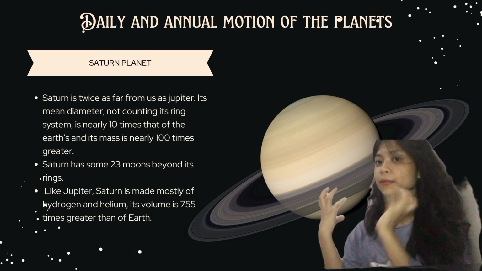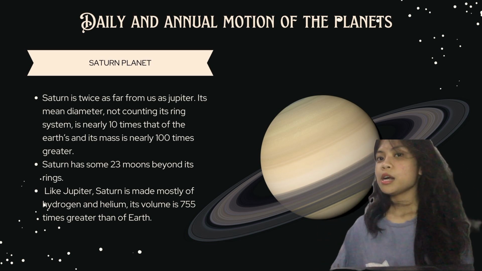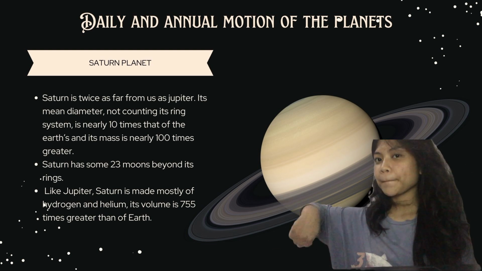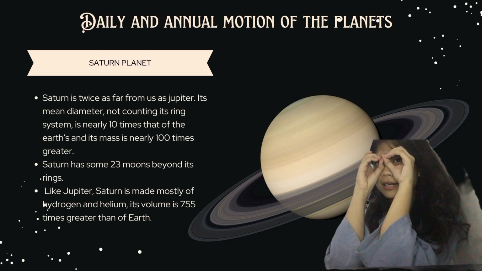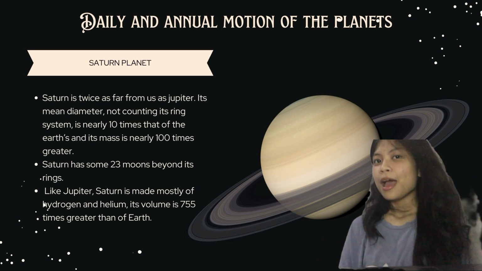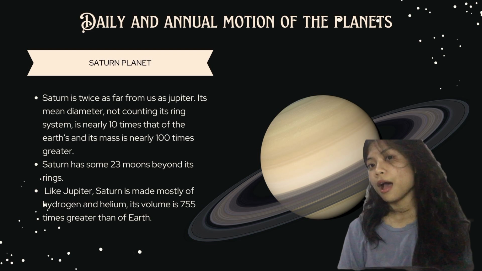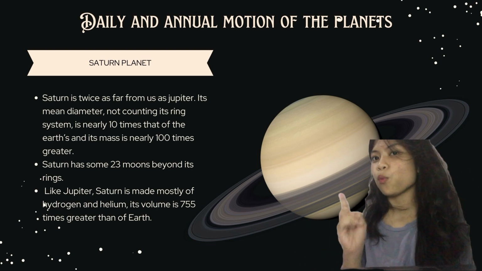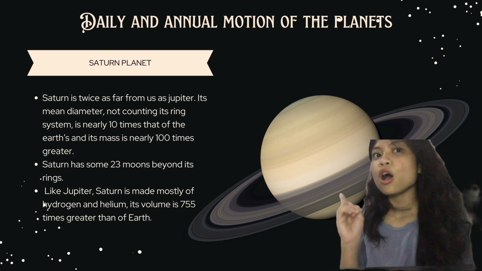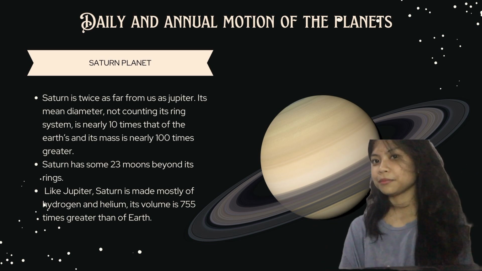So, if gusto mong makita yung ring ng Saturn, go guys. Binocular ang sagot. At kung ang Venus ang brightest object in the sky, ang Saturn is one of the most remarkable objects in the sky.